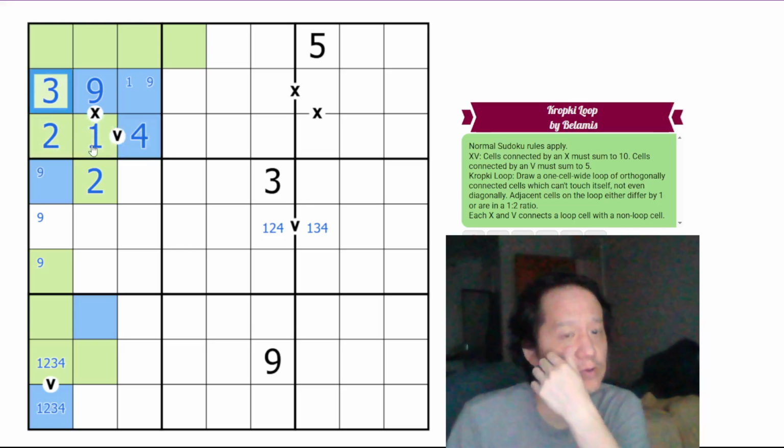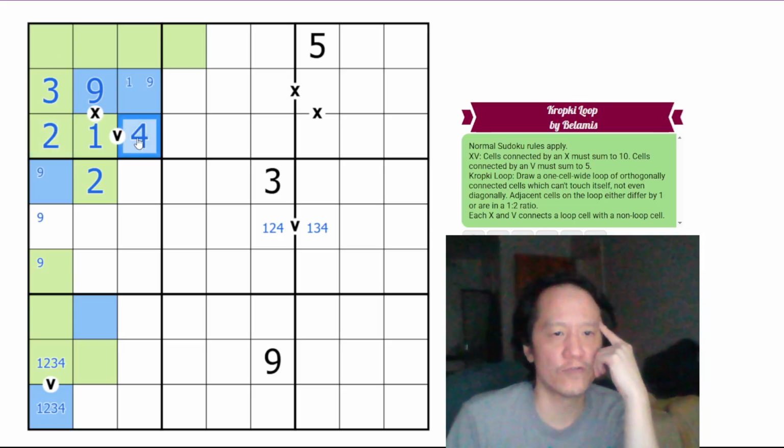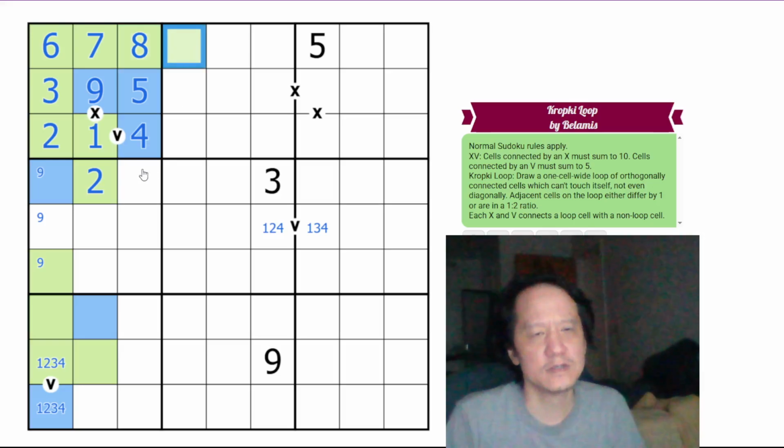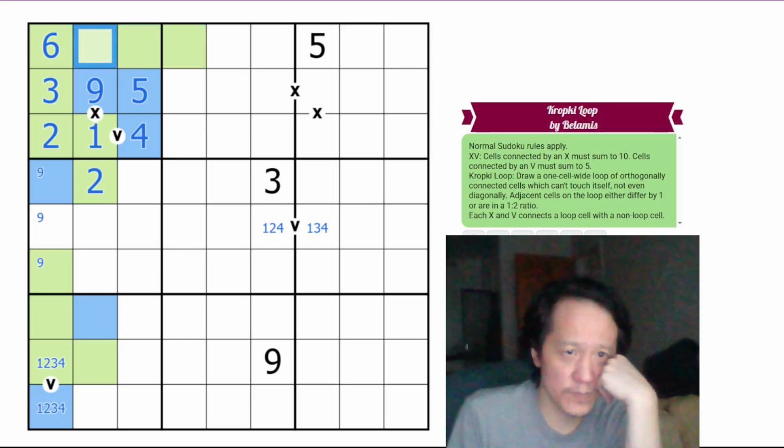It's consecutive with only 1 and 3. So this would be 1, 2, 3. 3 could not be next with 2 or 4 here. And so it would have to be 6 to be in a 1 to 2 ratio. And then this would have to be 5. This would be 7 to be consecutive with it, 8. So that could work.